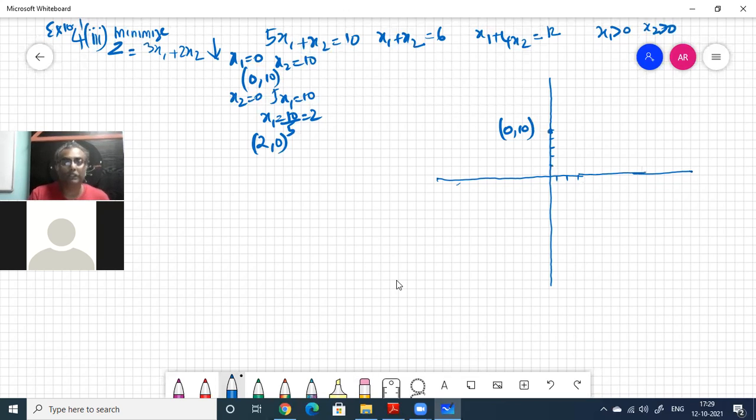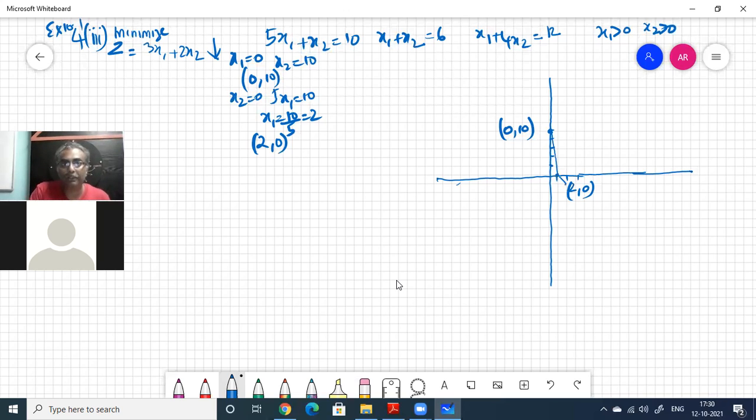This is (0, 10), and this is (2, 0). So this line goes like this, from (2, 0) like that.